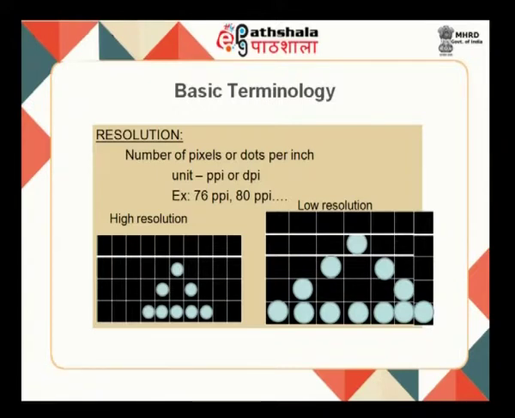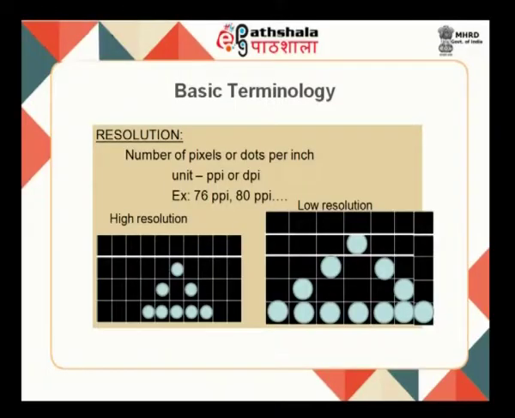Now, you should try to understand the difference between resolution and pixel dimensions. Both are not the same, as we take it the same most often, but they are not the same. Resolution is the number of pixels per inch, or dots per inch. So, when we say resolution, we mean how many pixels are there in an inch space.